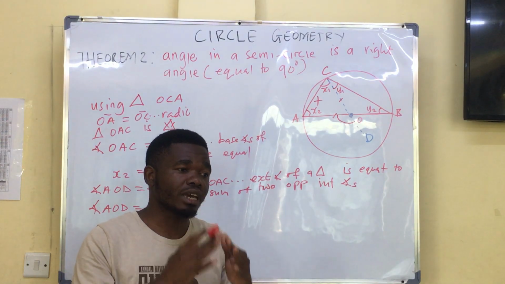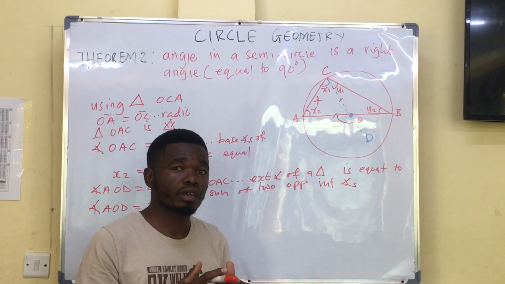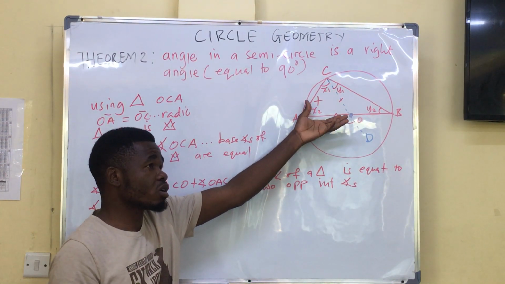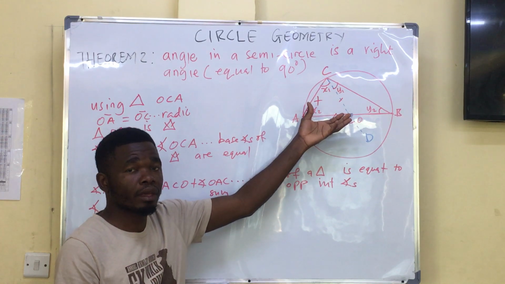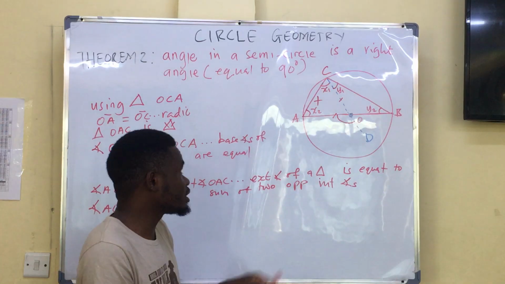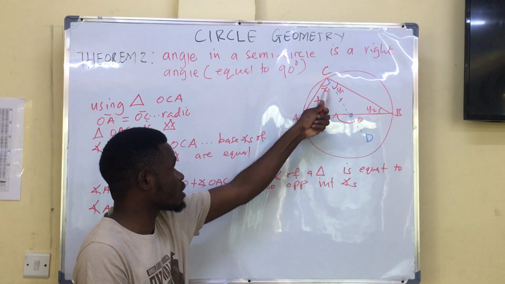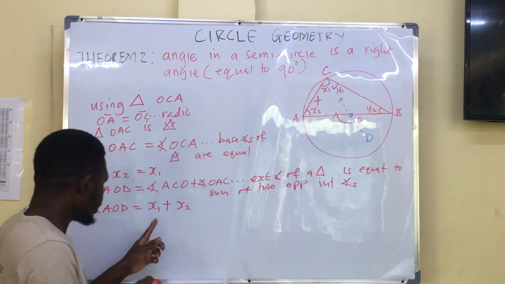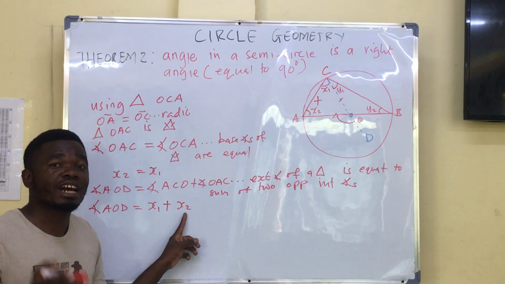Remember, opposite sides of an isosceles triangle are equal, right? Another property is that base angles of an isosceles triangle are equal, meaning that this angle and this angle have the same value. Meaning that X1 and X2 have the same value.